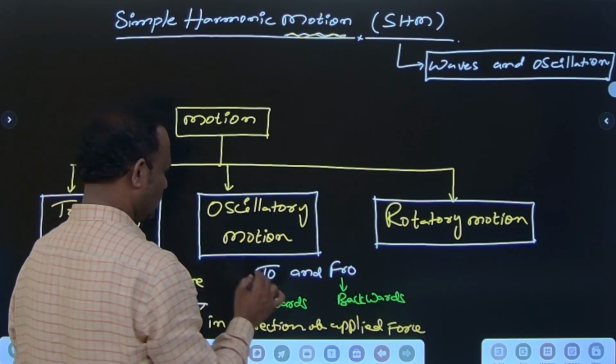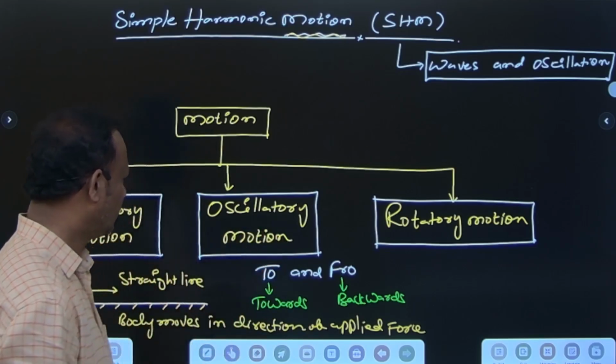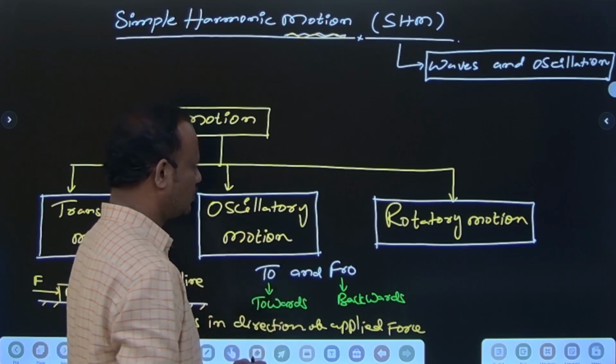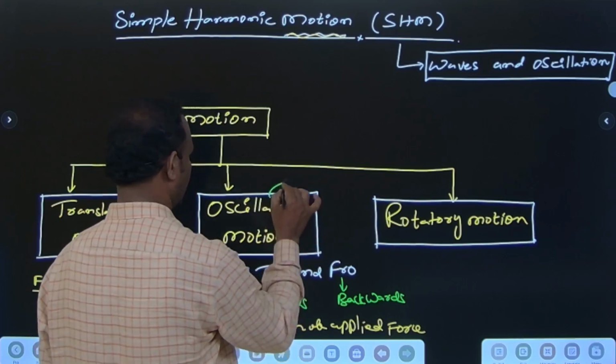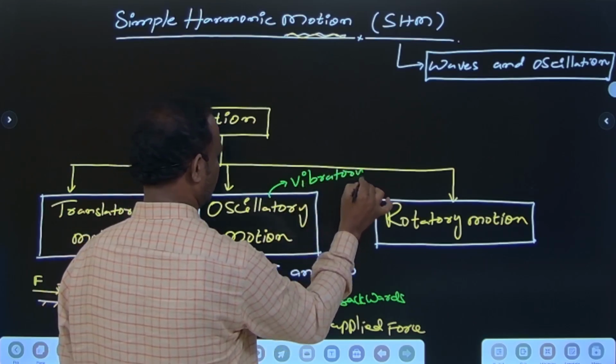So this is translatory, and this is oscillatory motion. Okay. So next, we can also say vibratory motion.